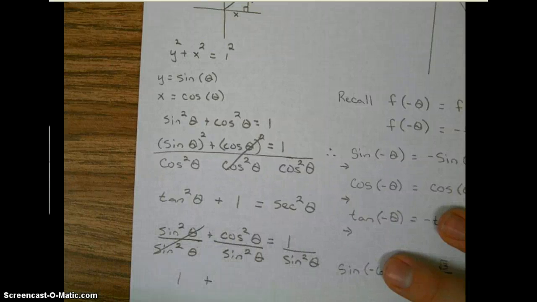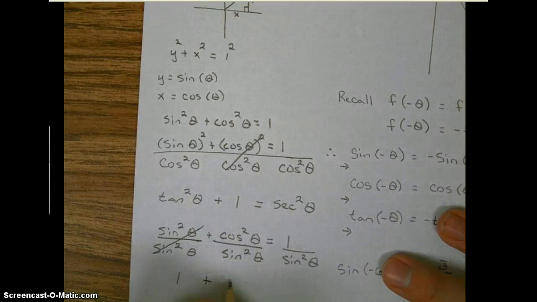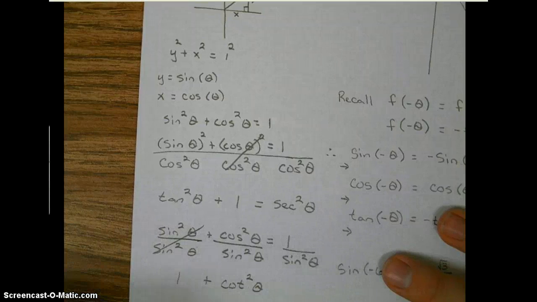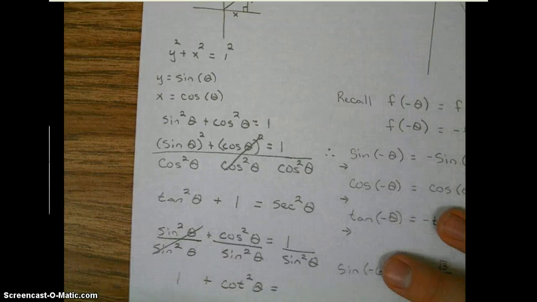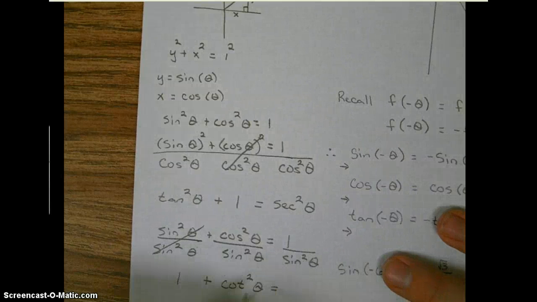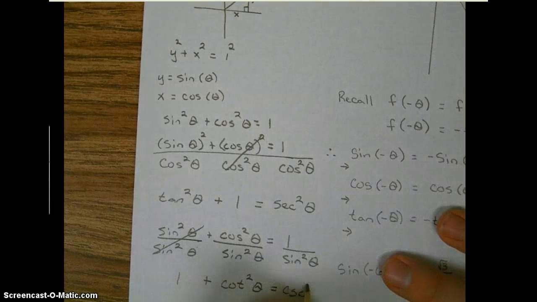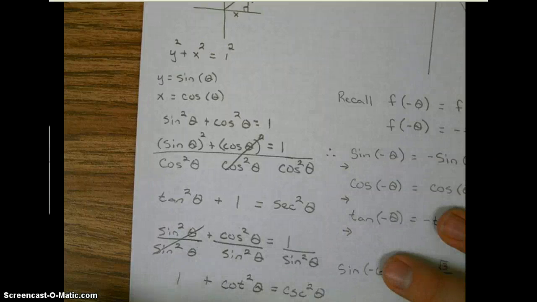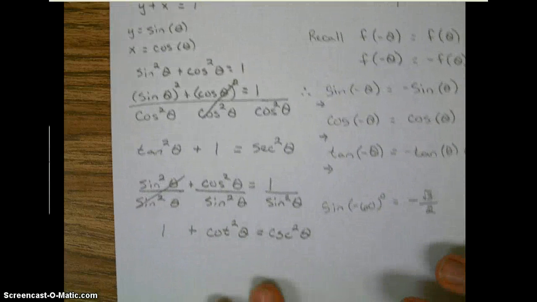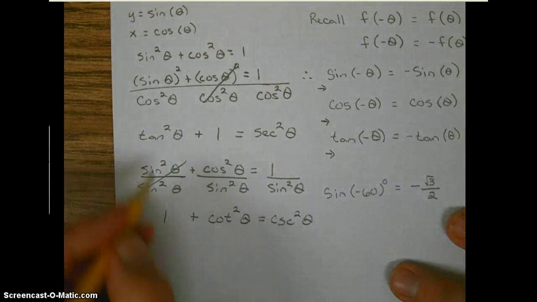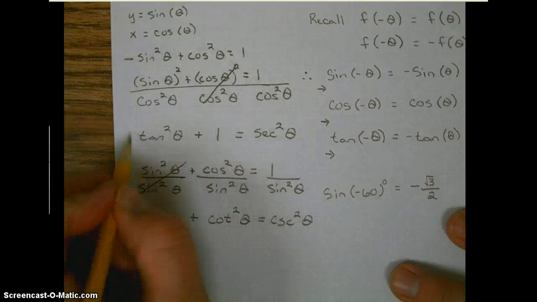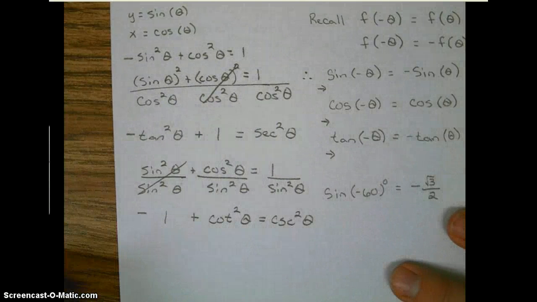Cosine over sine, correct, that's cotangent, except we're going to square it. And 1 over sine is cosecant, we're going to square it. And that gives us our next identity. So we got this one, and this one.